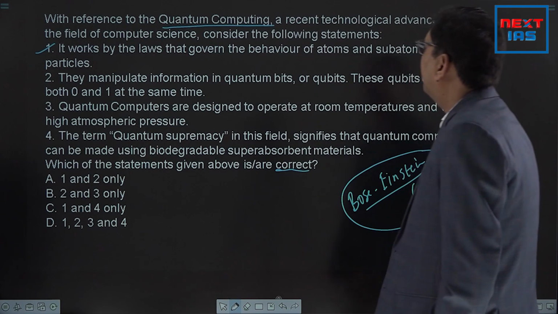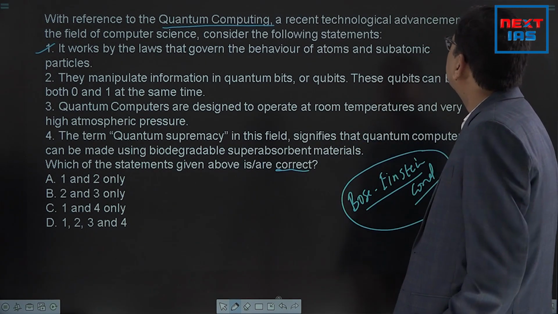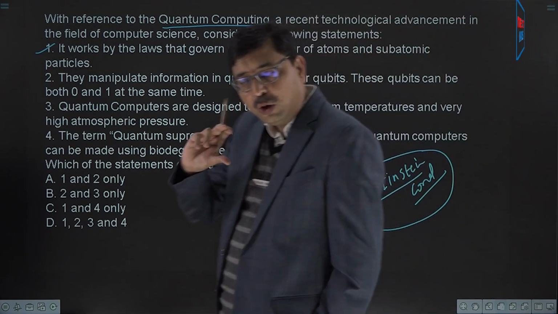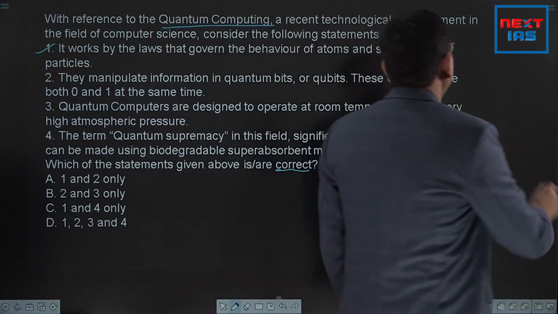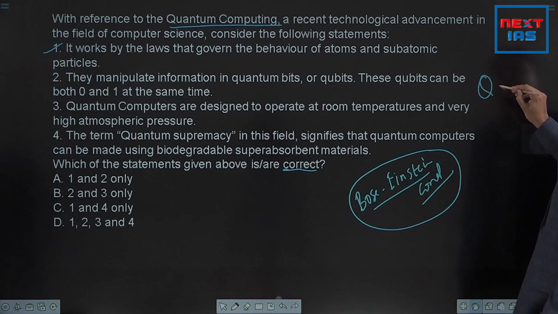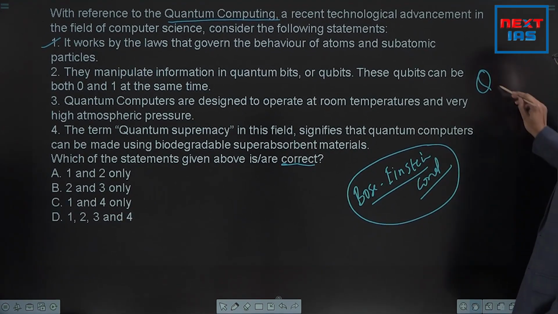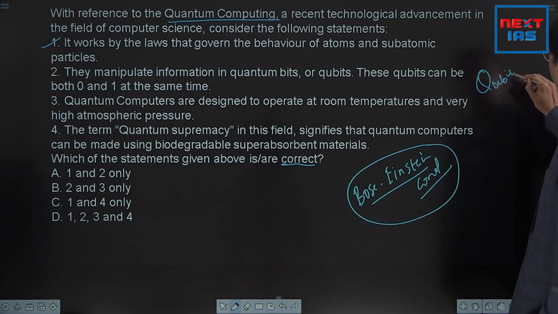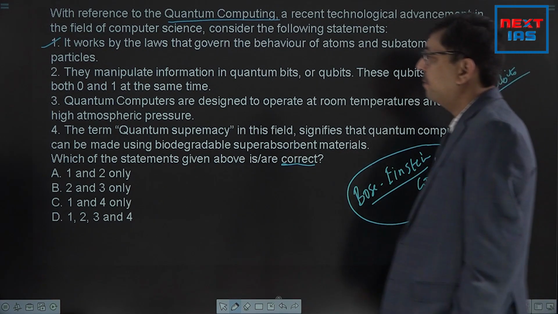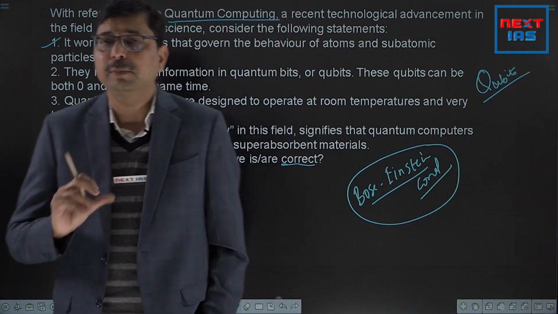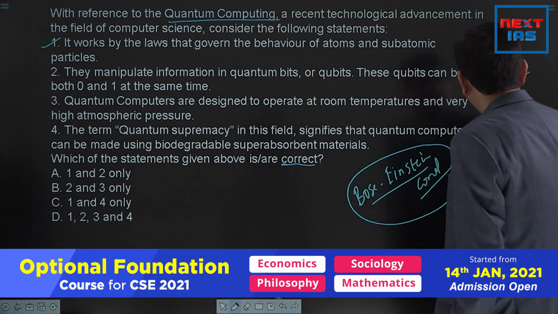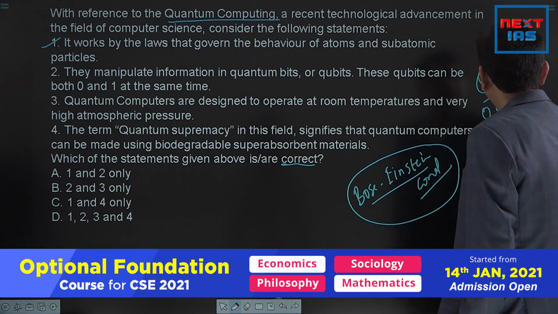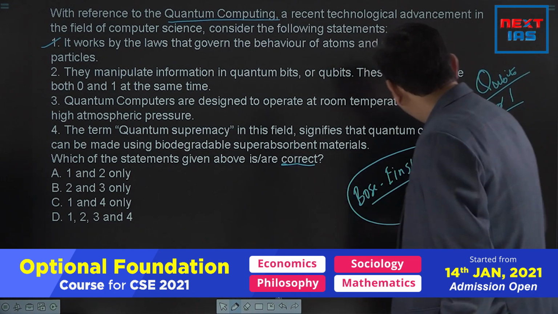They manipulate information in quantum bits or qubits. Now the capacity of a quantum computer is expressed in qubits. Qubits means quantum bits. One is binary, that is 0 and 1. What are qubits?